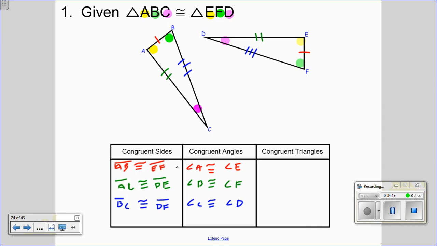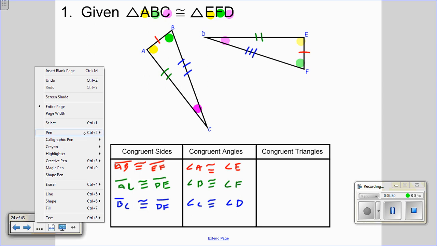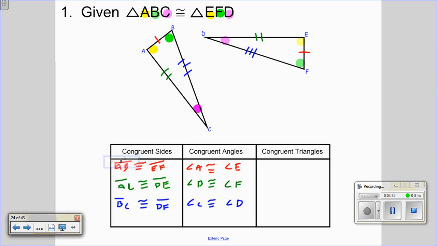And though we said that triangle ABC was congruent with triangle EFD, we could also rearrange it, and there are some other triangles that are congruent. So that means triangle BCA is congruent with triangle FDE.